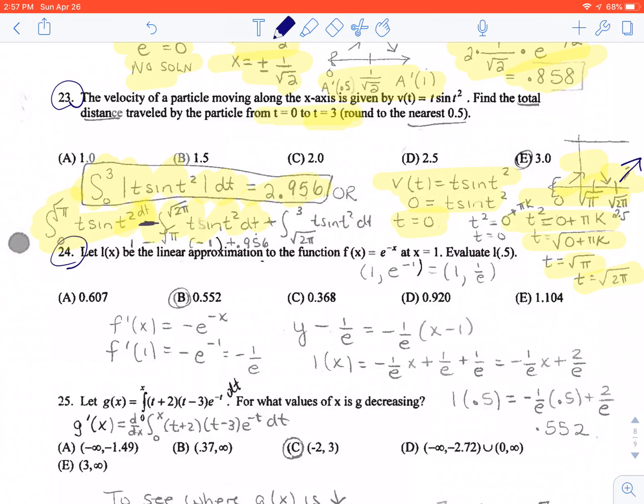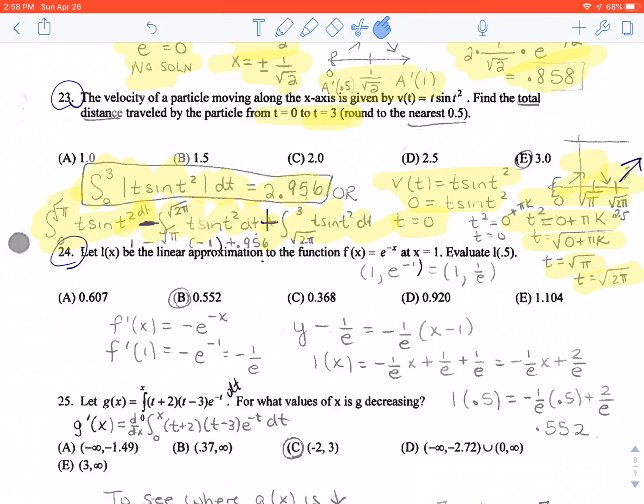So root 2 pi I know is going to be moving to the right, so it's going to be positive, so I don't have to fix that in any way. So if I had to do the long way, that's how I would do that. Changing direction, you want to check critical numbers, and test to see when the particle's moving left or right. Anytime it's moving left or down, it would be negative.